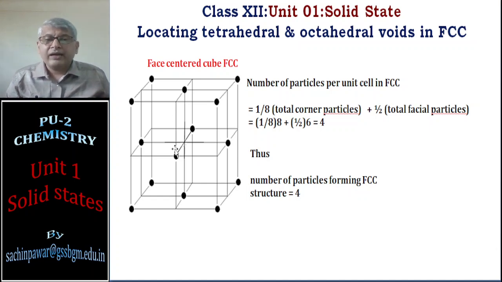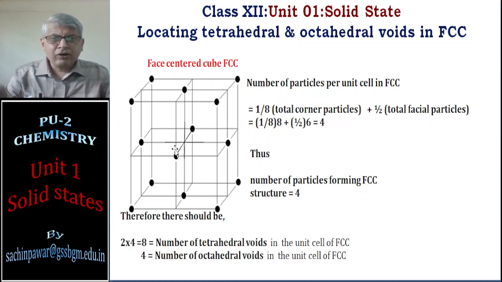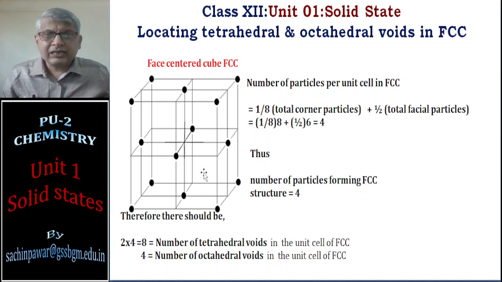So the FCC unit cell is made up of 4 spheres, that is 4 particles, and therefore the number of tetrahedral voids and octahedral voids will be, according to the formula, 2 into 4, that is 8 tetrahedral voids and 4 octahedral voids. In FCC therefore we have 8 tetrahedral voids and 4 octahedral voids.